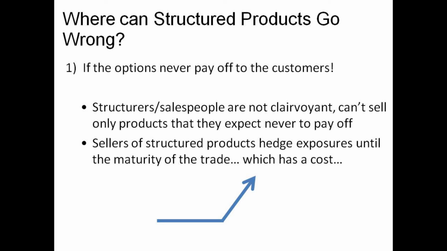Structurers and salespeople are not clairvoyant, and they tend not to go seeking out the best investment. Instead, they seek out the kind of investment that people are excited about at a given time. Sellers of structured products usually are hedging their exposures until the maturity of the trade. So whenever there is an option built into it, there's also the cost of hedging that option that is passed on to investors.